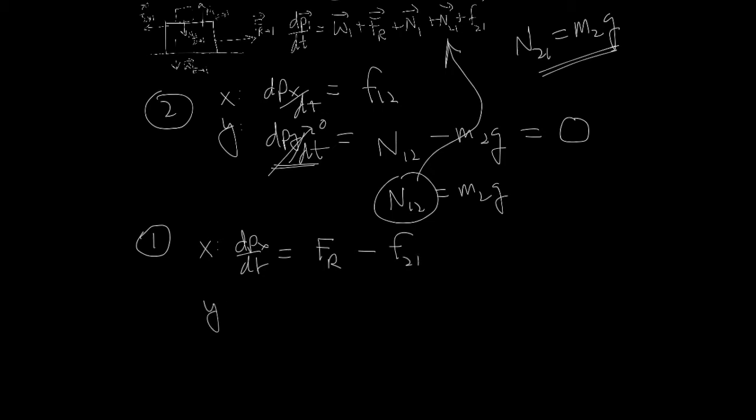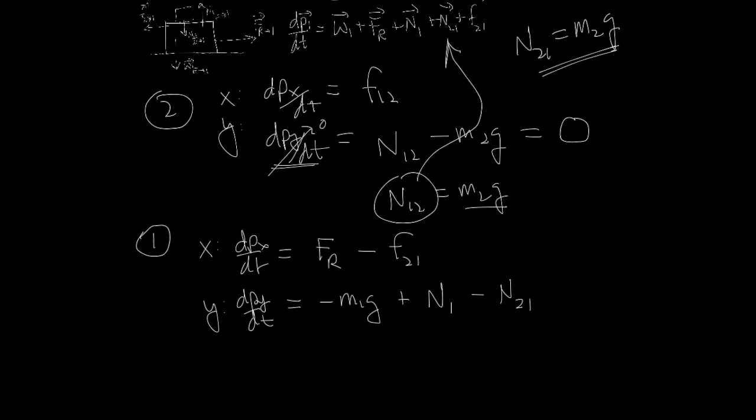In the y direction, I've got dpy dt for mass 1. It's going to be minus the weight, plus the normal force from the floor, let's call that N1, and minus the normal force from mass 2 on 1. But that normal force, remember, is just m2g.